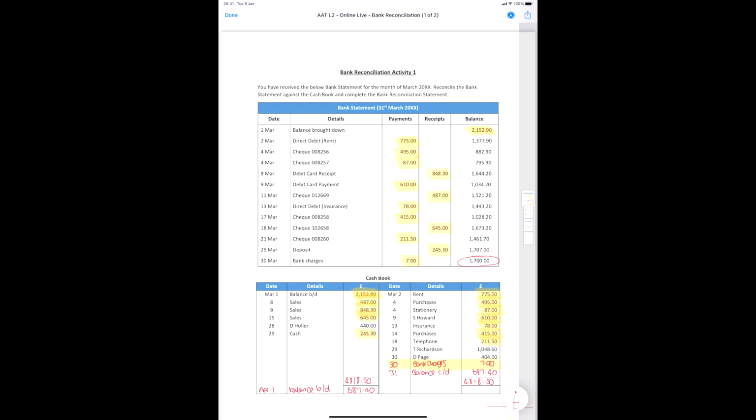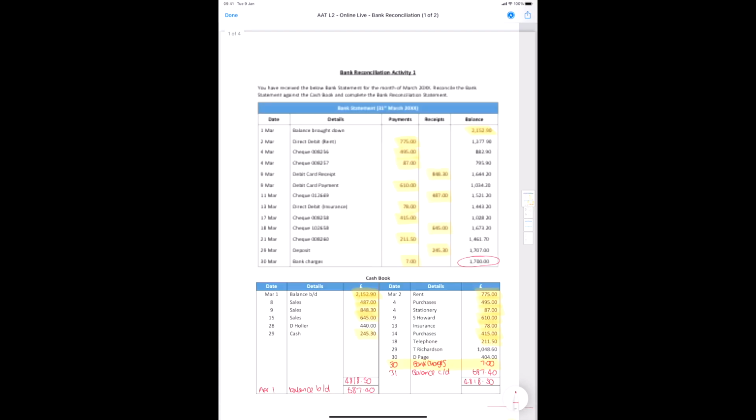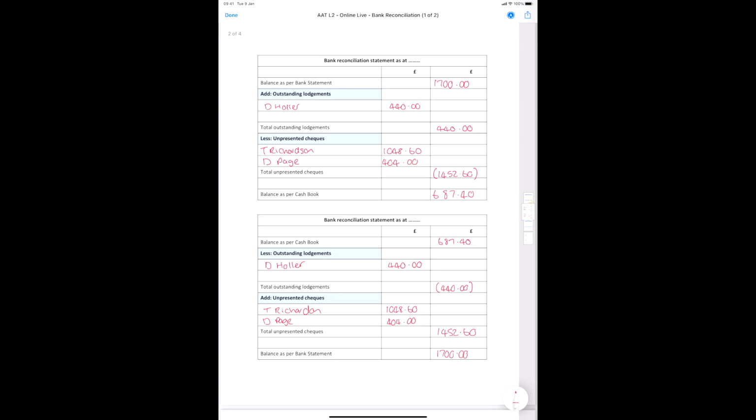Okay, so because our outstanding lodgement of £440 has already been added to the cash book, to get to the bank statement balance, we're going to deduct that from the cash book balance. Because our unpresented checks, so our payments, have already been entered into the cash book, we're going to add those back in to reach our bank statement balance.